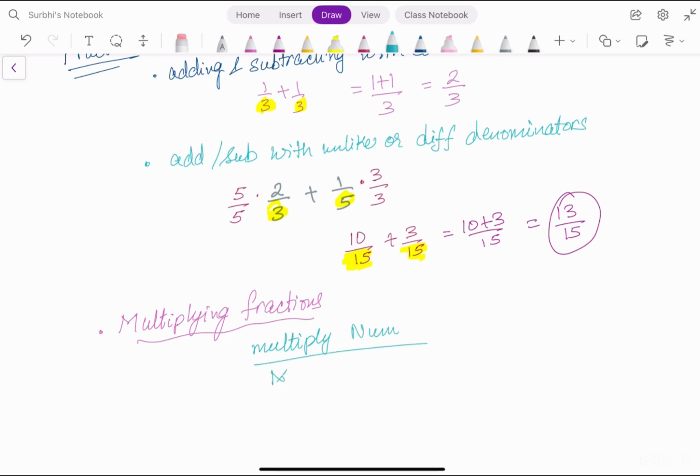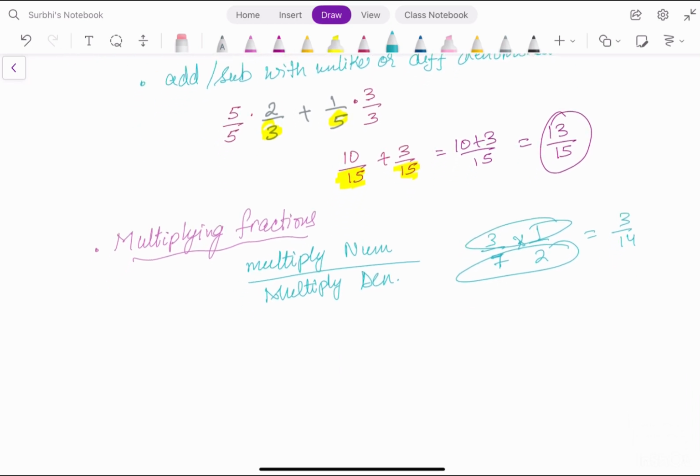I'm using NUM as a shortcut for numerator and DEN as the shortcut for denominator. Let's take one example. In this one, multiply numerators together, multiply denominators together. That's it. That is your final answer.